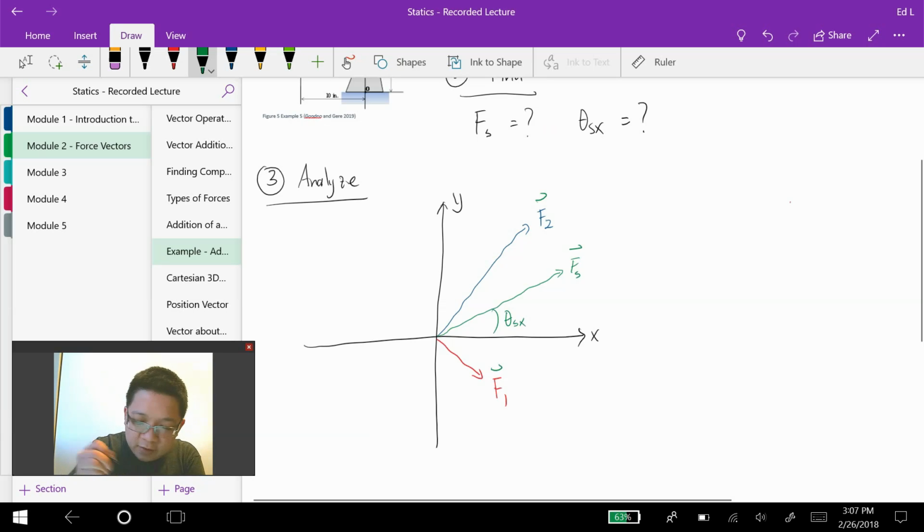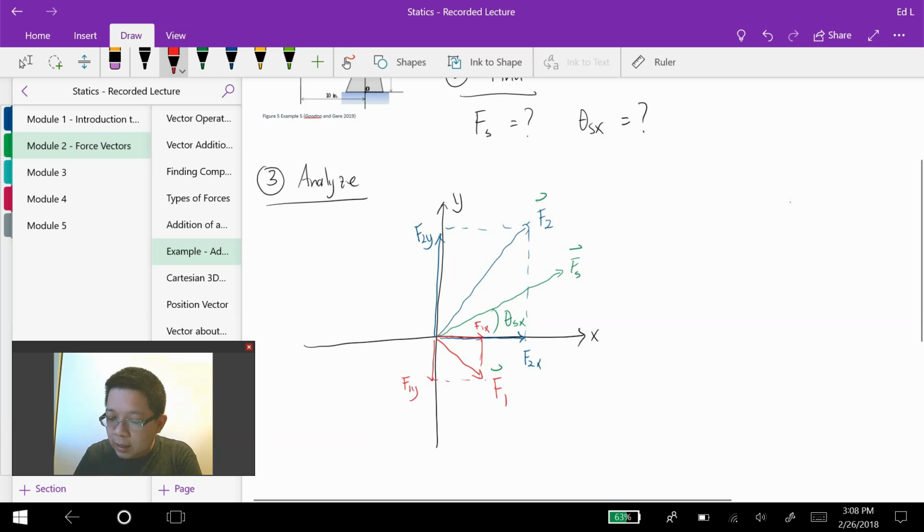So the first thing that we have to do is to find the Cartesian components of these force vectors right here. We have F2x and F2y, and in red we have F1y and F1x.